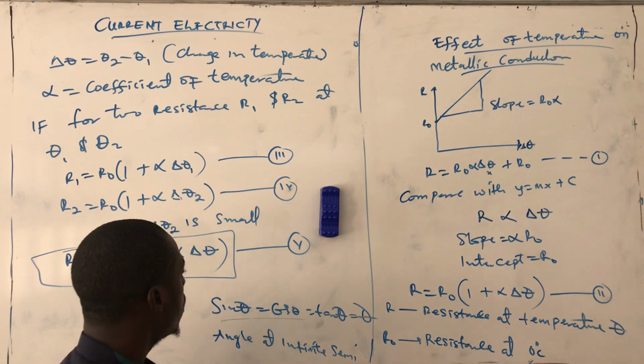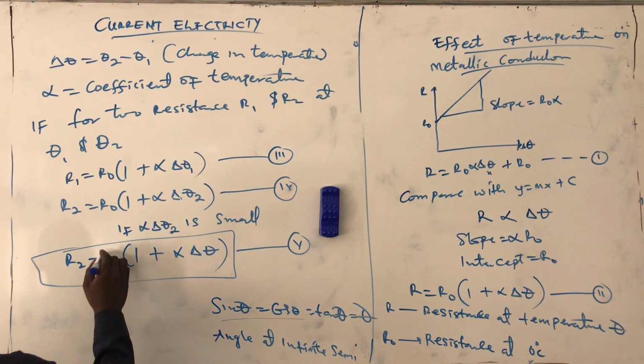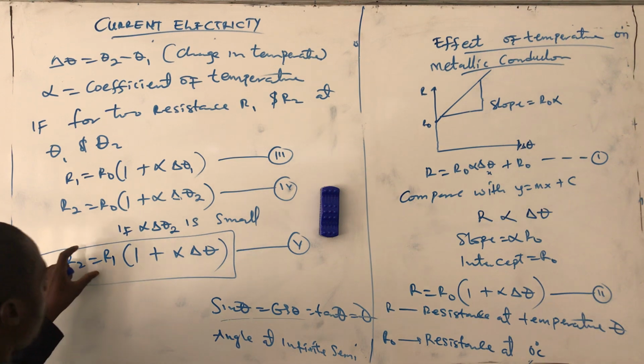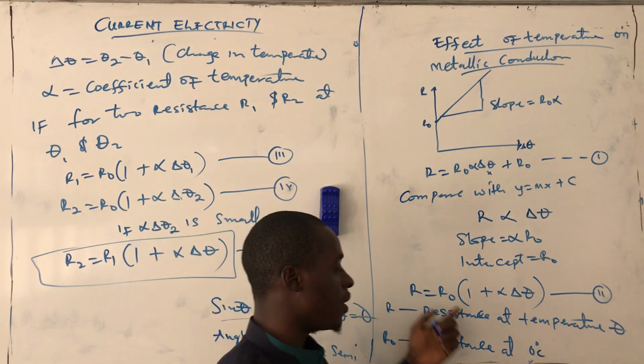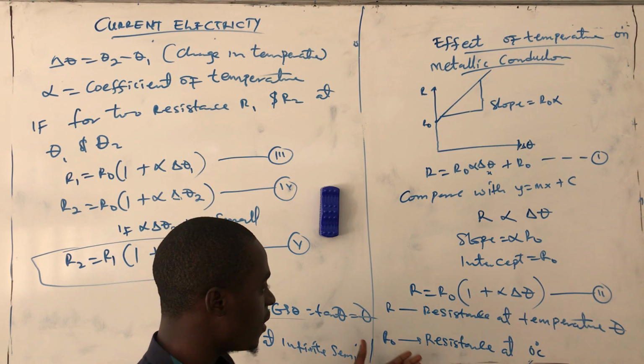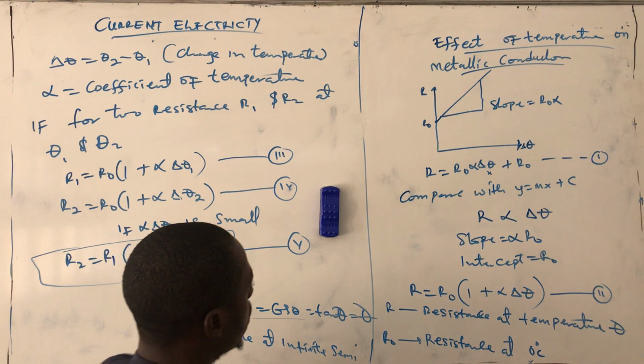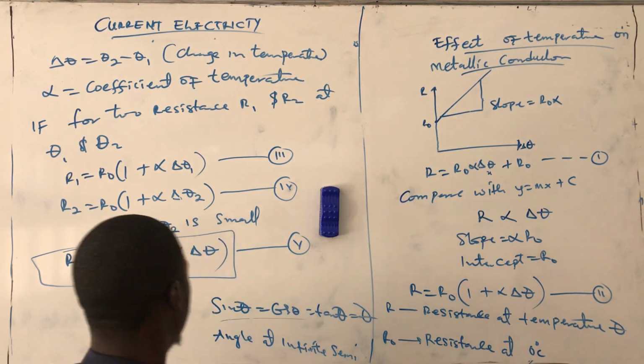So now it means that if you are given two resistances, we are going to apply this. But if you are given a resistance at ice and at a certain temperature, then we are going to consider our equation 2, which is derived from this equation here.